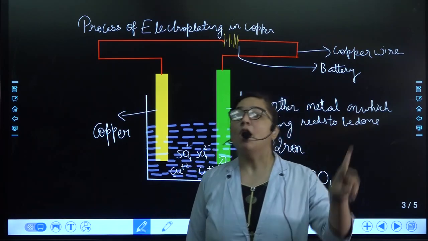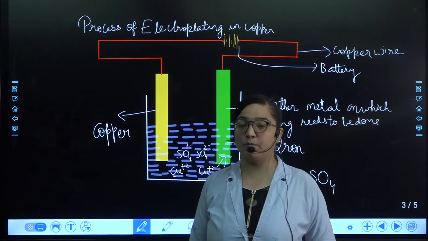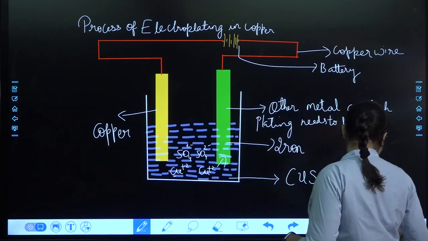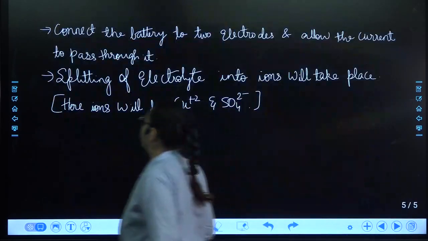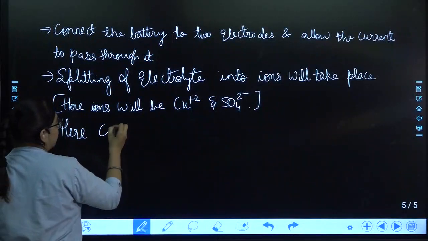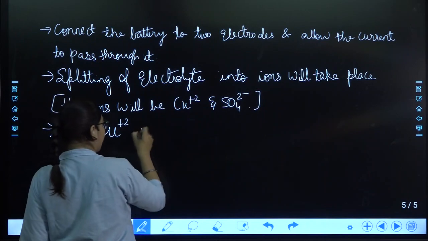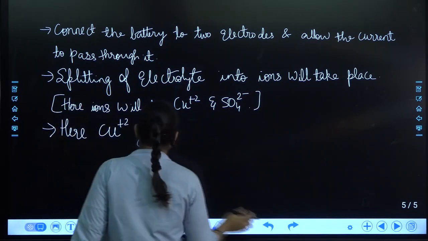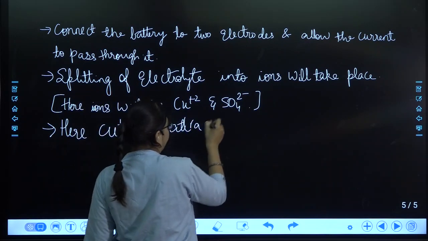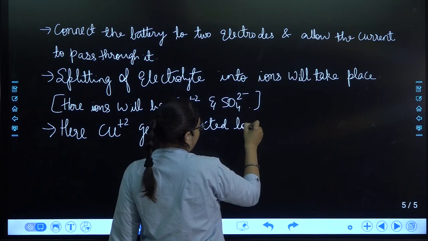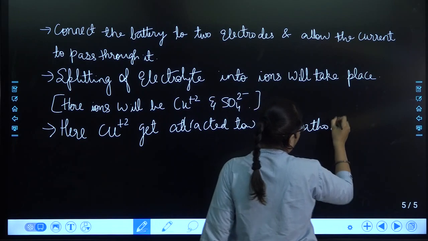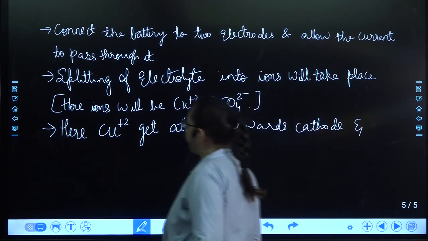So the Cu2+ ions get attracted towards the cathode and get reduced over there.